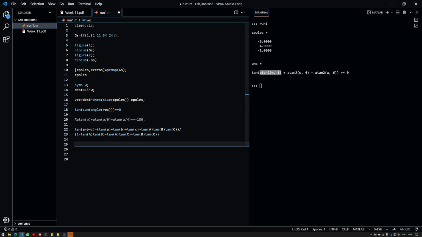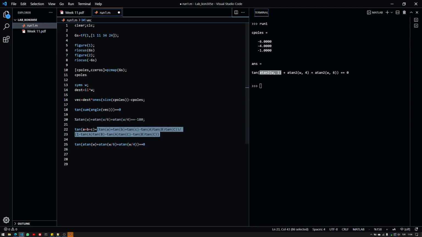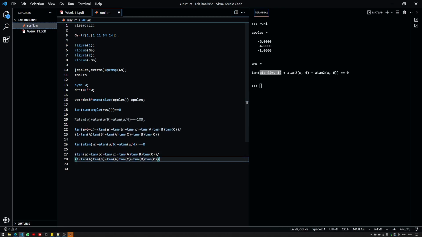So, I can then write down the following. I know that the tangent of this, so we're looking for tangent of these, should be equal to 0. This is our original equation. So therefore, if I'm writing down tangent A, let me copy and paste it, I'm basically writing down omega. So each A should be equal to omega.